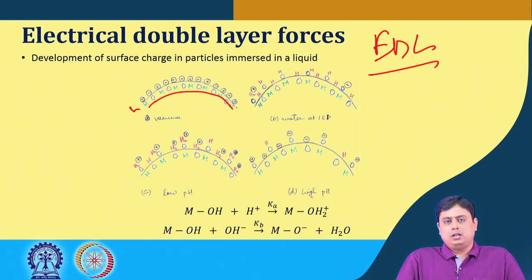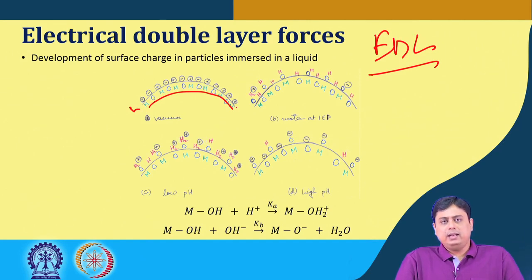Now, when there is moisture in air or some humidity beyond a certain percentage, or say it is immersed in water, then it will react with water and will create the metal hydroxyl groups.